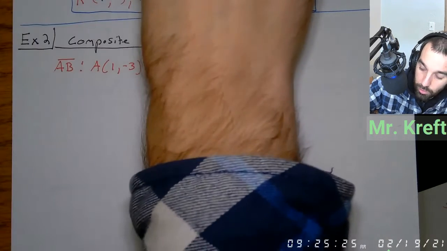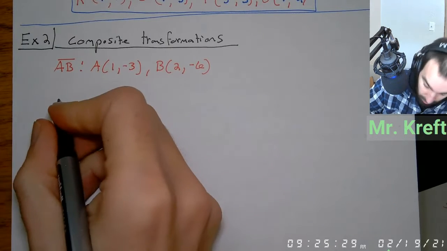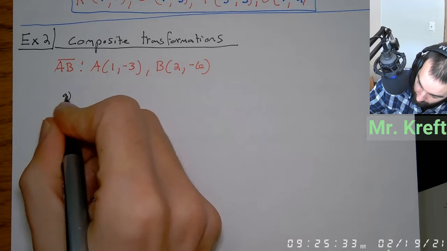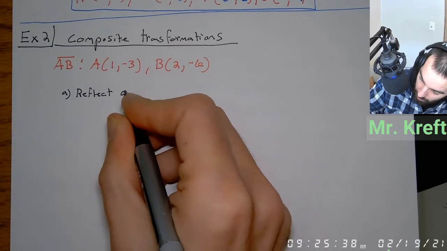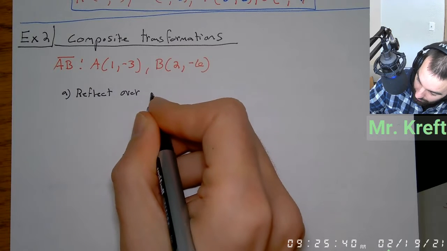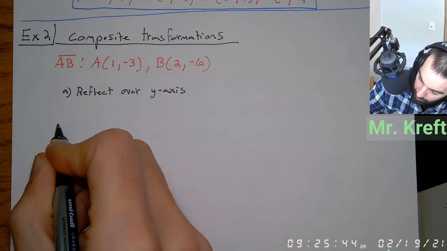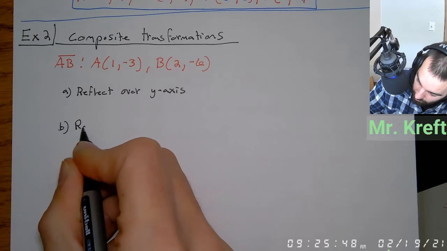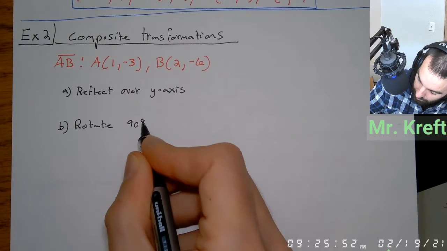Because it's a composite transformation, we're going to do two transformations. First, we're going to reflect over the y-axis, and then we're going to rotate 90 degrees.